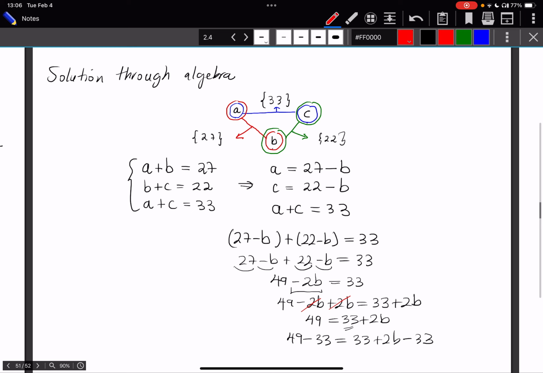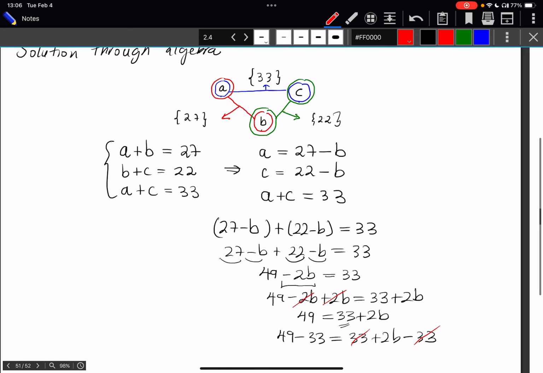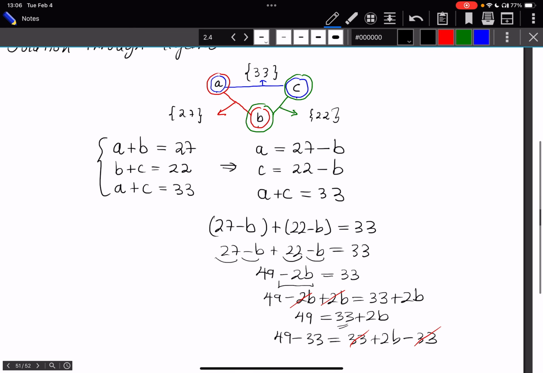What we do to the left-hand side gets done to the right-hand side. 33 minus 33 is 0. So we end up with 49 minus 33. We can compute that. There is 9 minus 3, then 4 minus 3. So 16 is twice B.